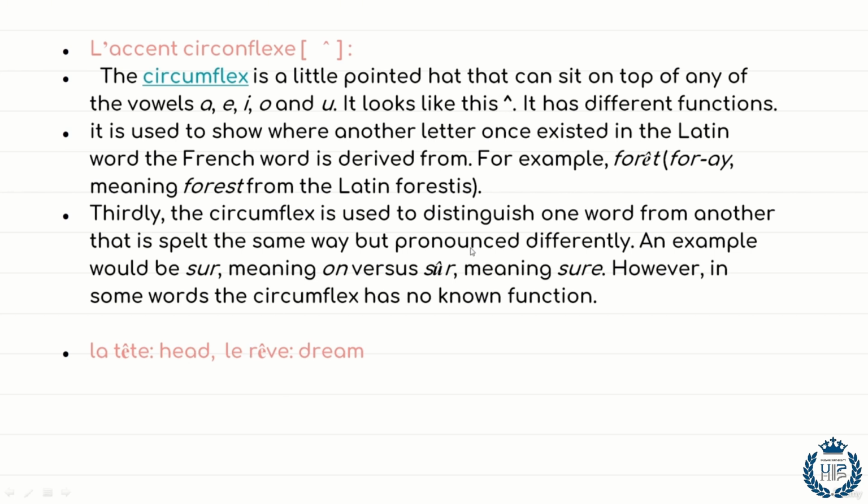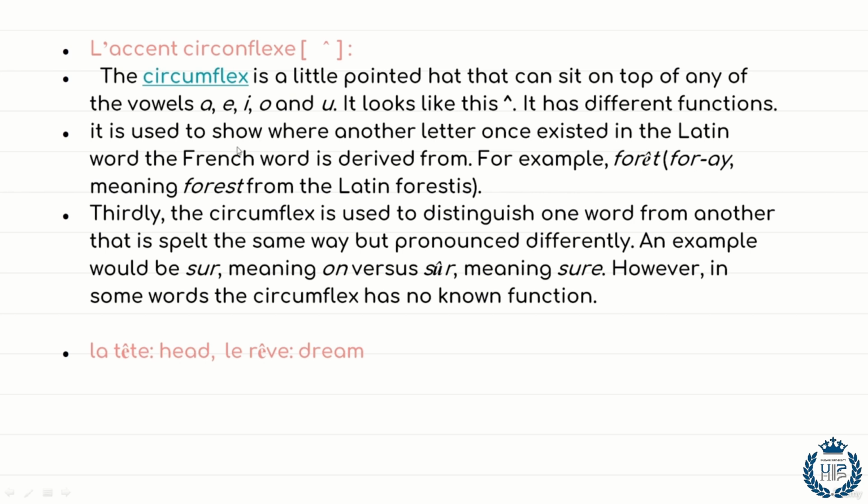This accent has different functions. I found this accent really interesting because of this fact. It is used to show where another letter once existed in the Latin word the French word is derived from. For example, forêt, meaning forest, from the Latin forestus. So when a word is derived from the Latin alphabet, it has this accent circumflex.